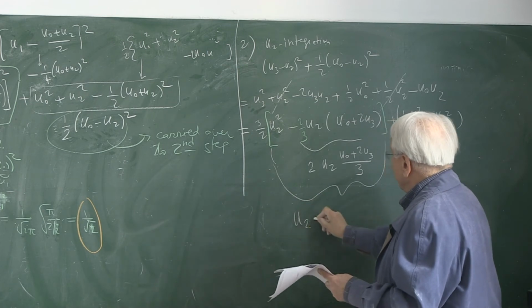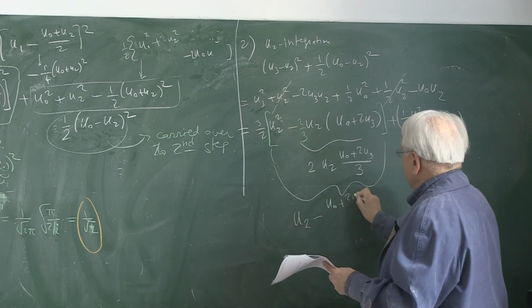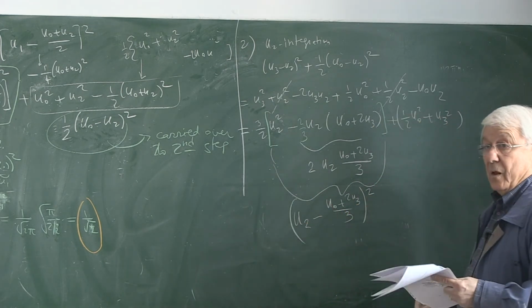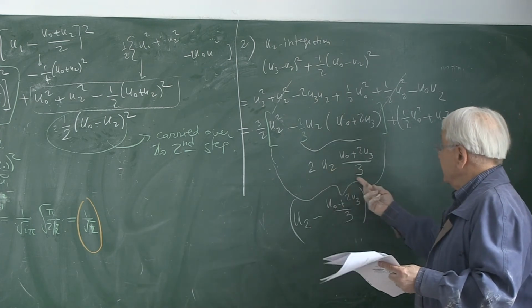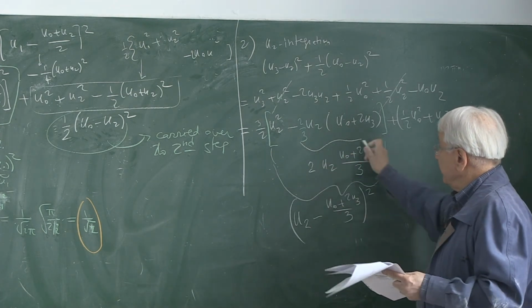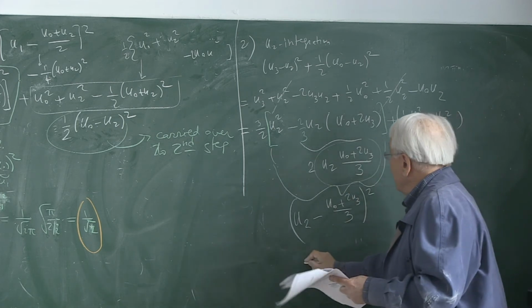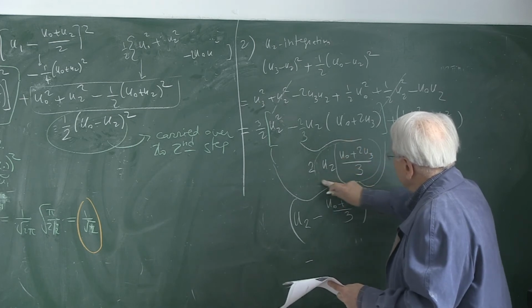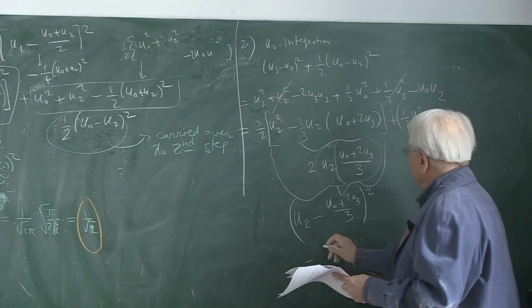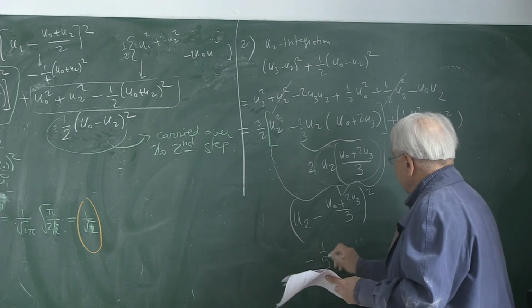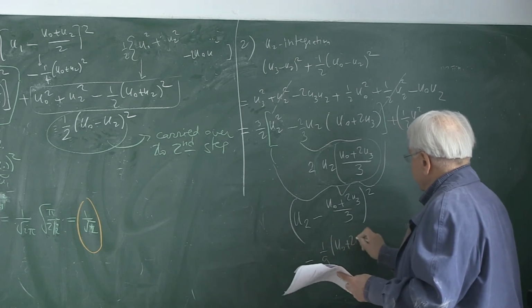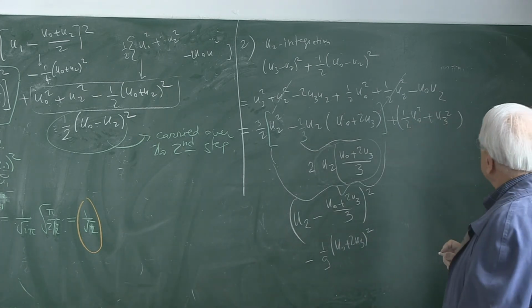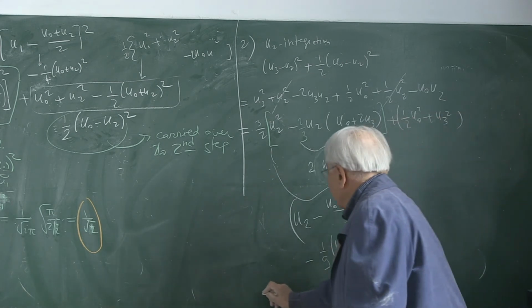It's going to be u2 minus u0 plus u3 divided by 3 squared. Compensate by subtracting the square of this thing, which is minus 1 over 9 u0 plus 2 u3 squared.